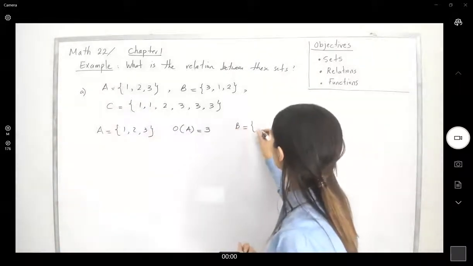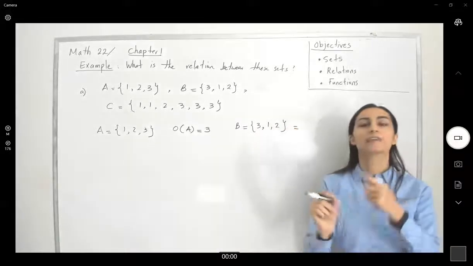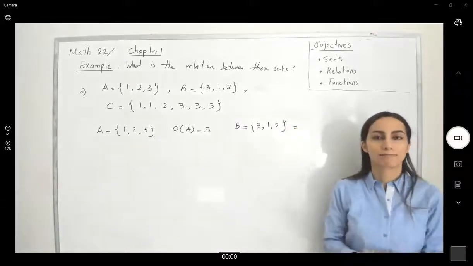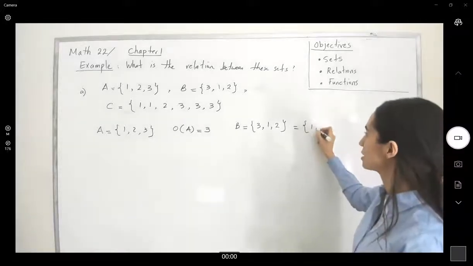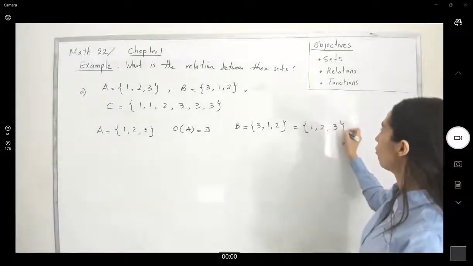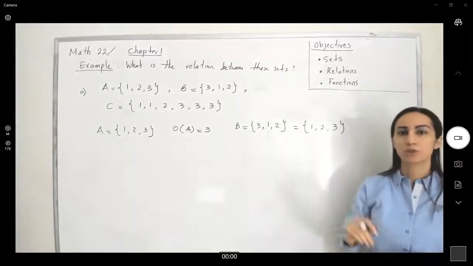Set B is the set 3, 1, 2, and I can rearrange these elements. I can write 1 first, then 2, then 3. It doesn't make any changes to the set or the collection of elements if I change the order.